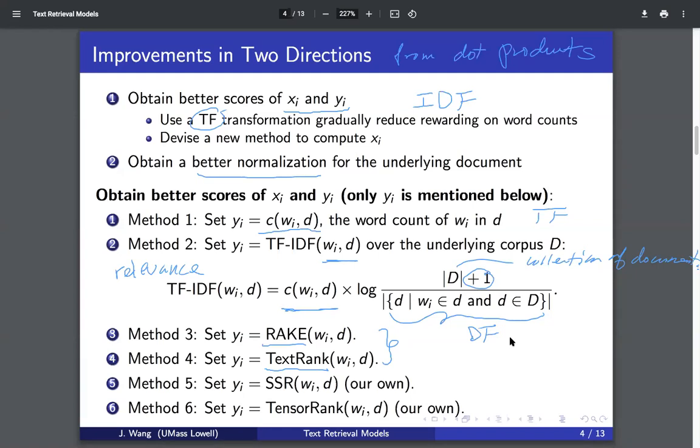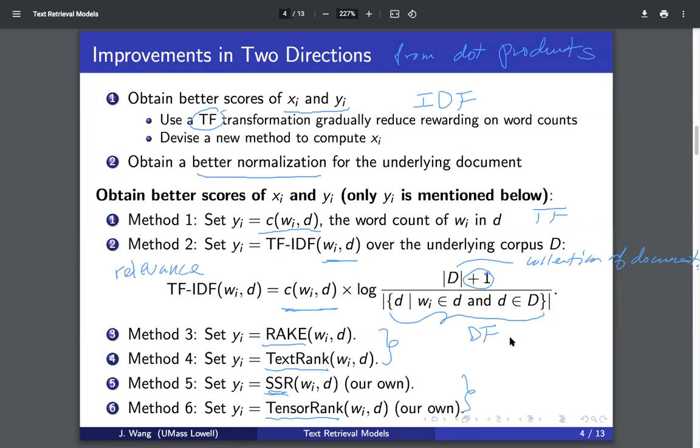So we have another one called SSR. That's shorthand for semantic sentence ranking, or sentence word ranking. This was developed by my group. And another one we call TensorRank. That's also developed by my group. These are much better, but to talk about these algorithms, we need more preparation, and hopefully we do have time to go over these two.